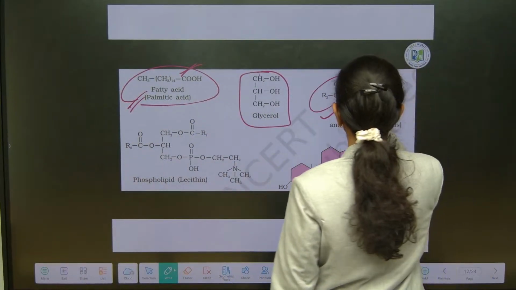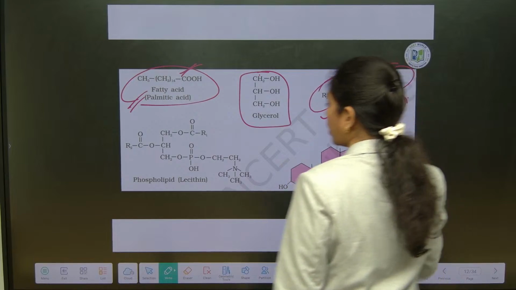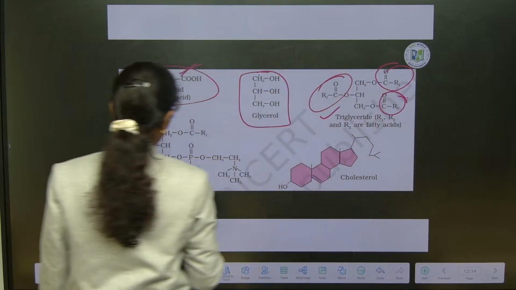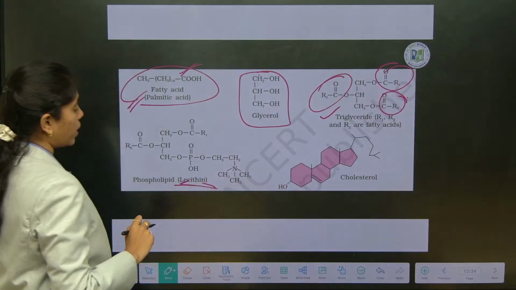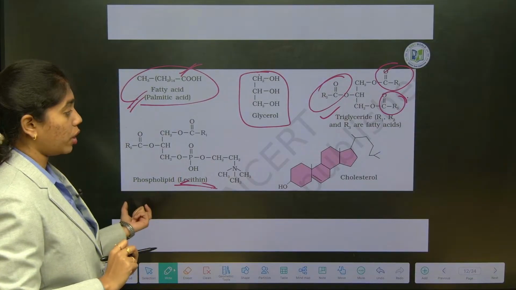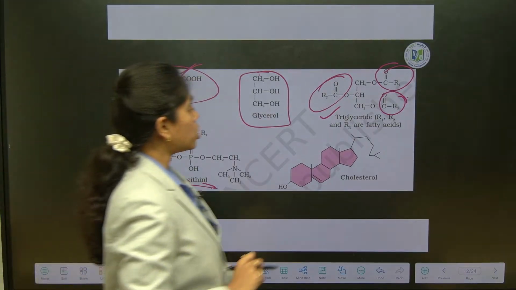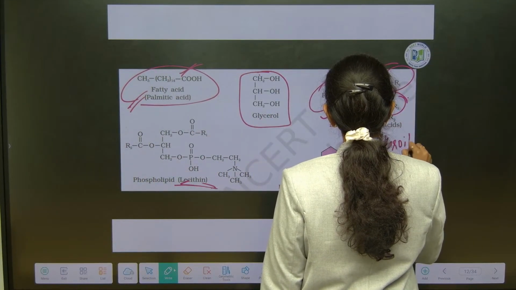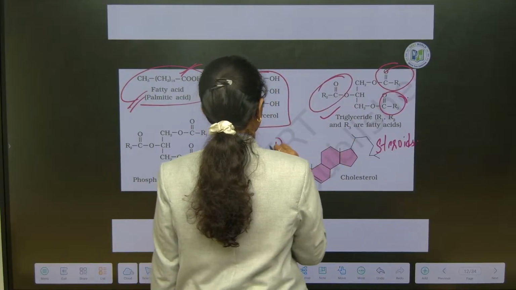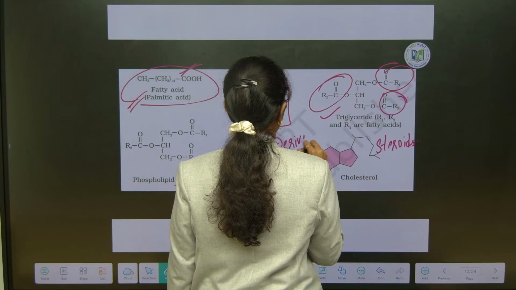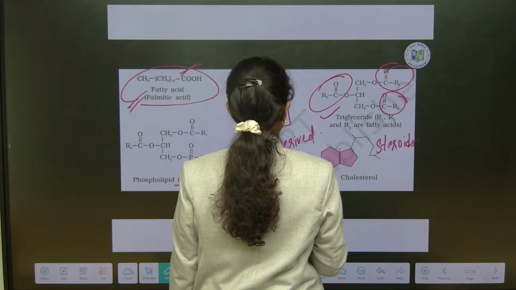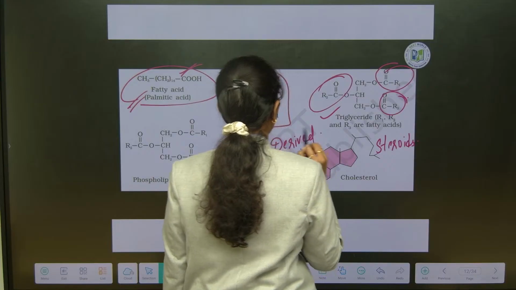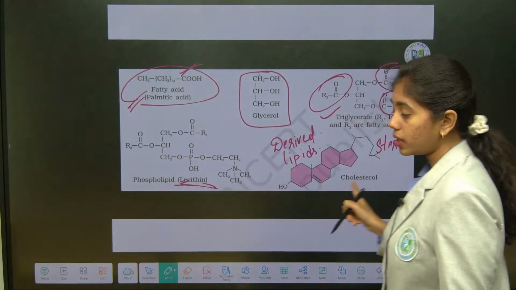You can see three carboxyl groups also. And phospholipids like lecithin are present over here, the major component of cell membrane. Cholesterol, this is the example of what? Steroids or derived lipids. Till here it is clear?